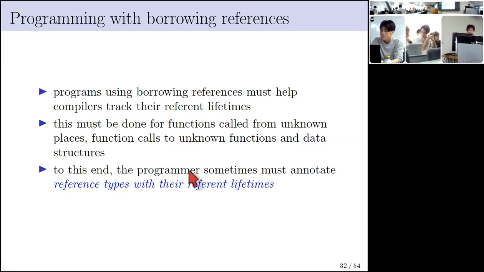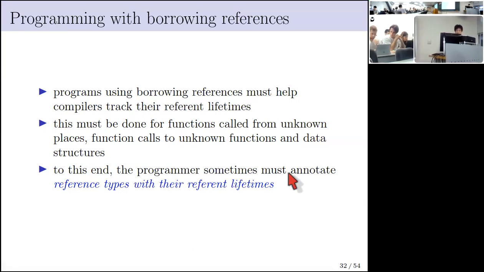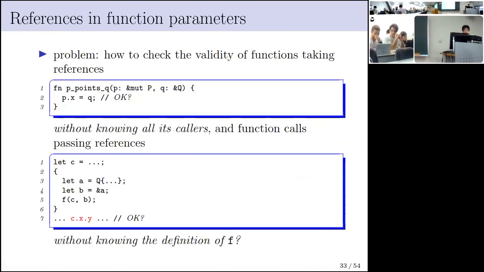To this end, the programmer sometimes has to annotate reference types with their different lifetimes, so sort of intended lifetimes of their references. Let me show you what I exactly mean by that.